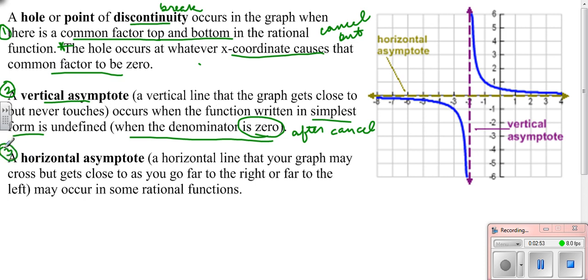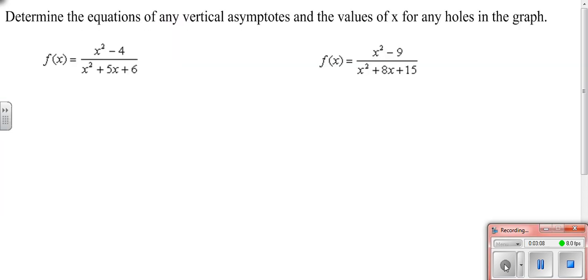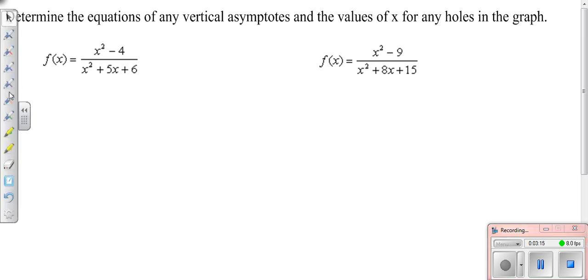Now the third thing is a horizontal asymptote, and that sometimes occurs and sometimes doesn't. The main thing we have to do there is use a t-chart and look at the behavior of our graph.